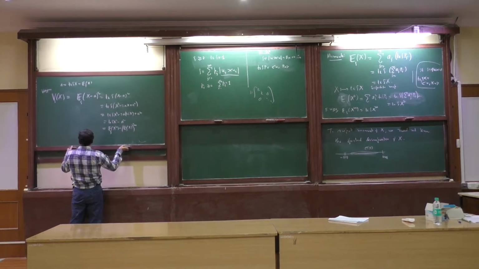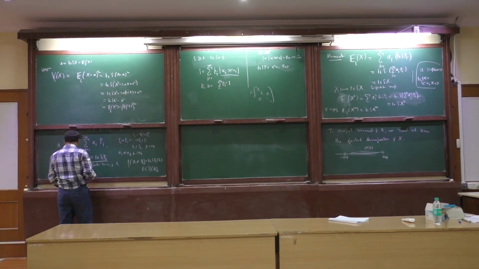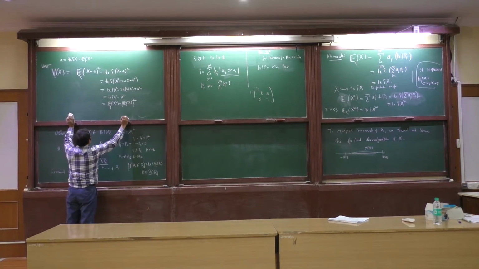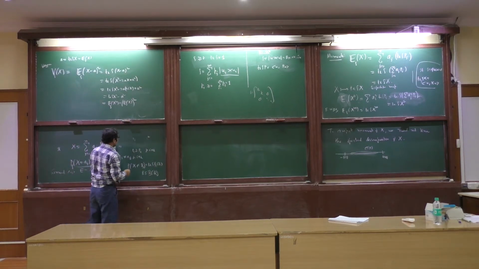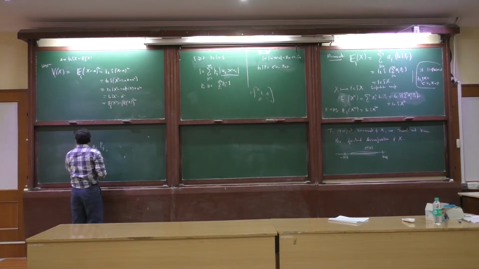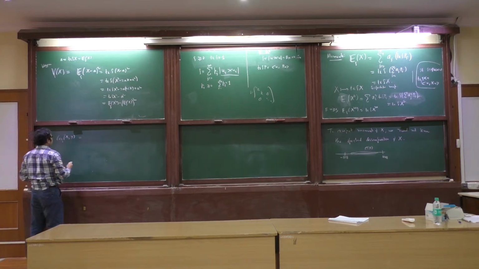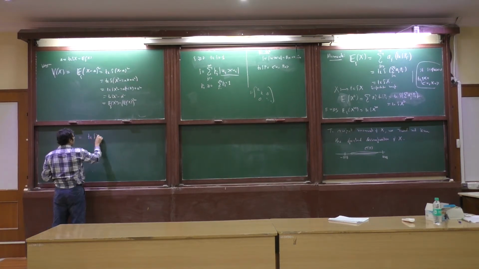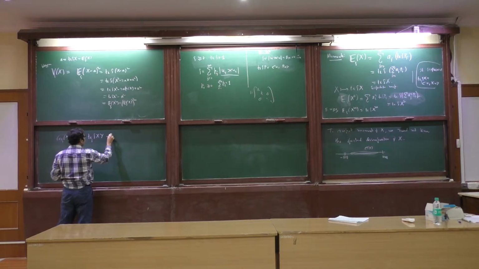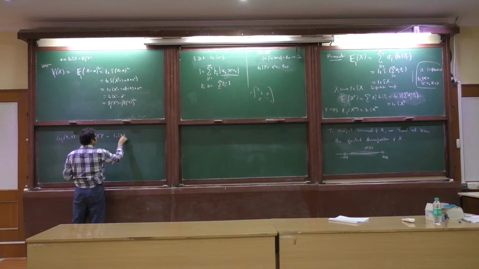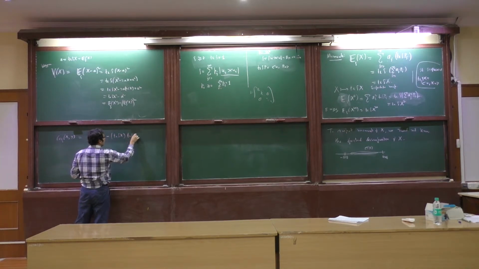In the same way you can define covariance, if I have two of them. Linearity is still there, so that takes care of it. The covariance of x comma y is trace rho xy minus trace rho x times trace rho y.